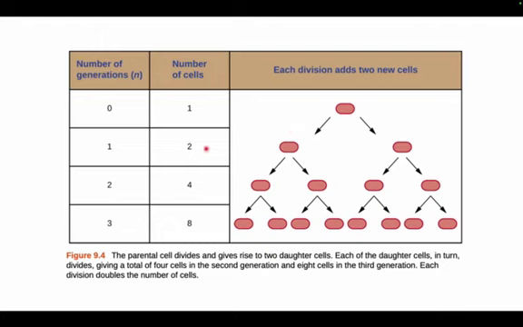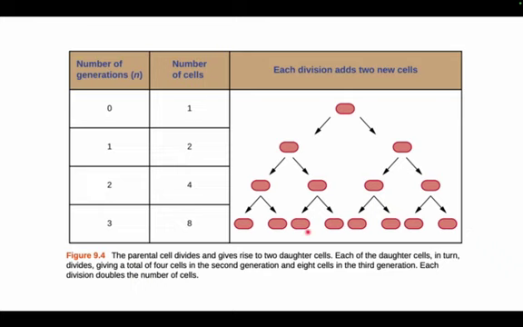So in generation 0, we have 2 raised to n cells. Here, generation 0, 2 raised to 0, we have one cell. The one cell has split into two, so now we have 2 raised to 1, 2 cells. Here we have 2 raised to 2, or 4 cells. This is 2 raised to 3, which means 8 cells.